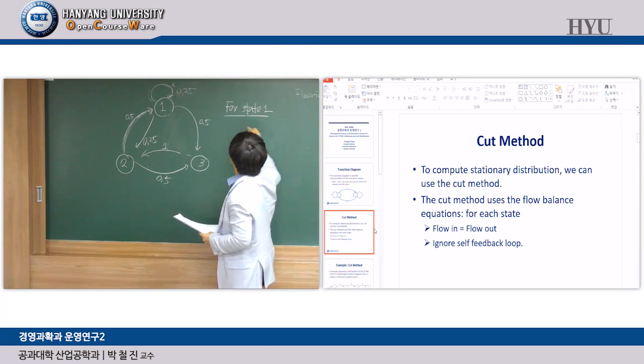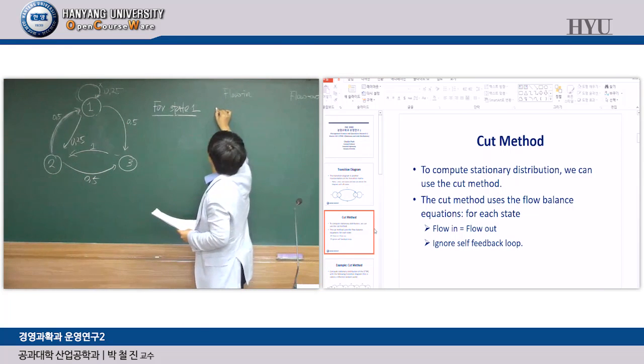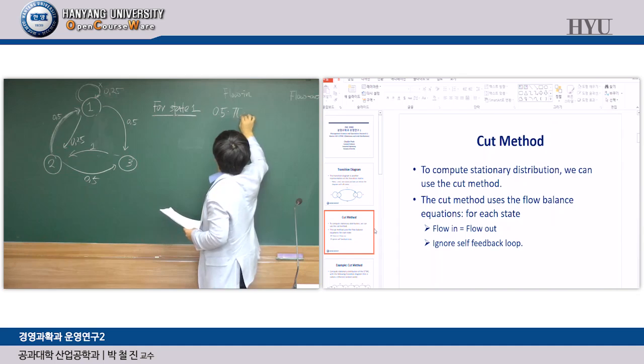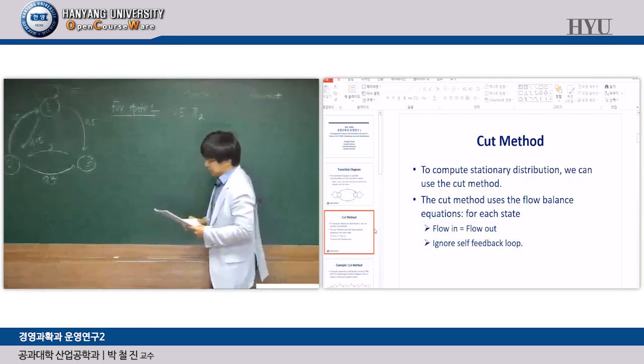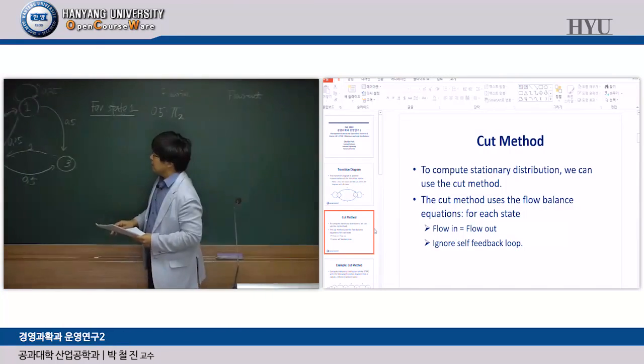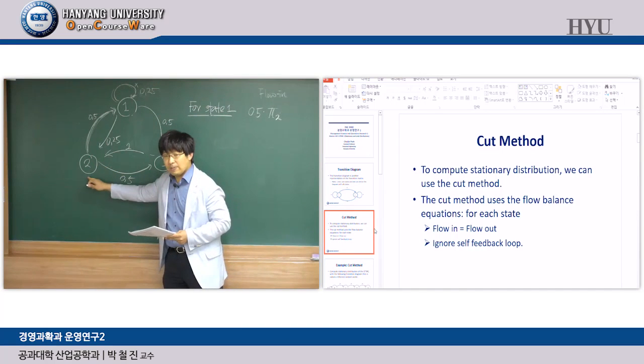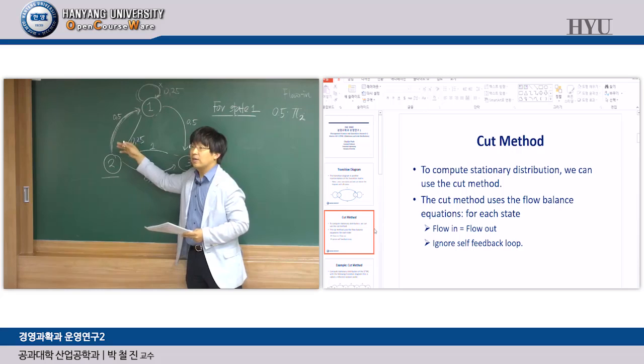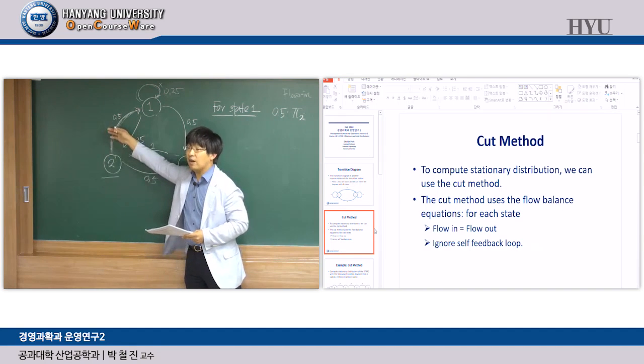So a transition probability from another state, like in this case, state 2, 0.5 times the probability in the stationary distribution corresponding to the state which is the origin of the arc.